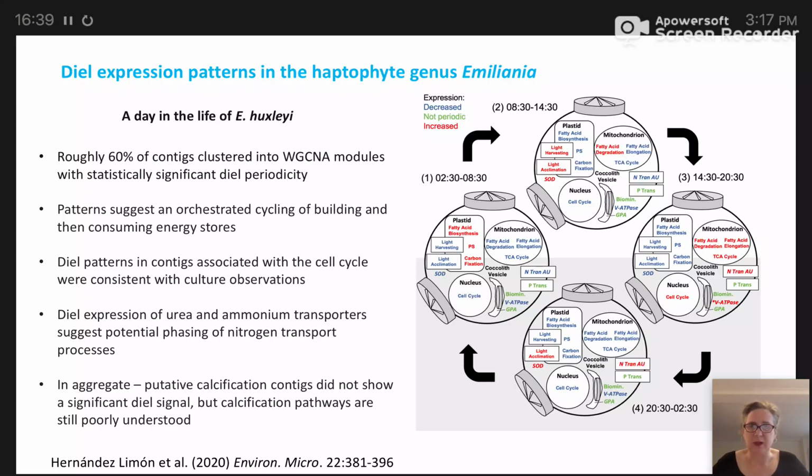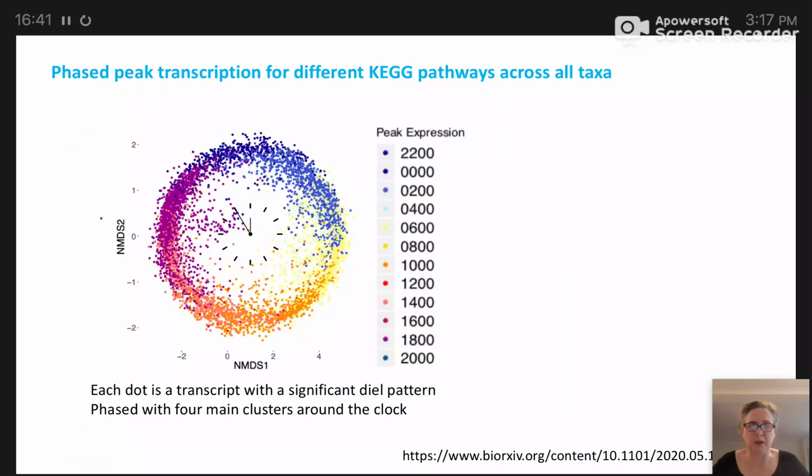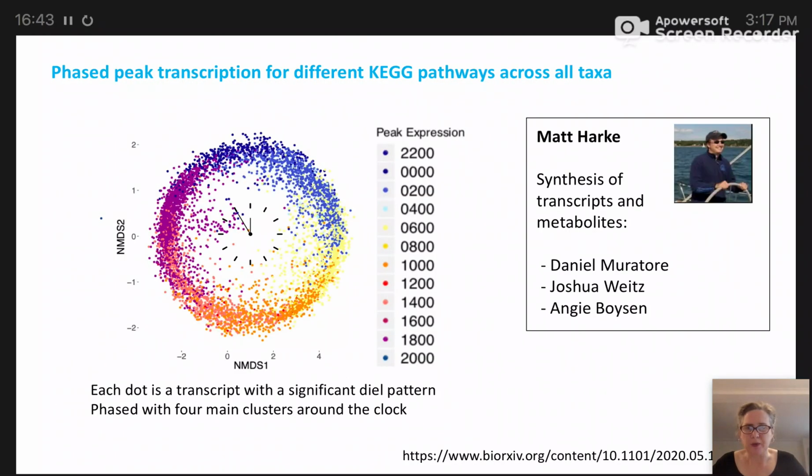And to address that question, we have been looking collaboratively with work led by my former postdoc, Matt Harkey, who's now at the Gloucester Marine Genomics Institute, in collaboration with other Simons Foundation investigators and their groups, including Joshua White, who's leading the synthesis effort, and graduate students Daniel Moratori and Angie Boyson.